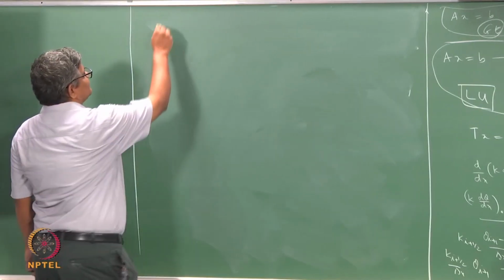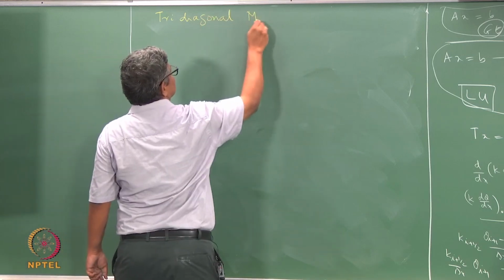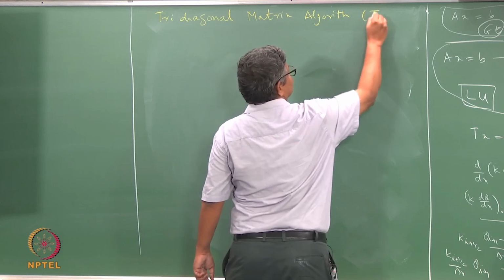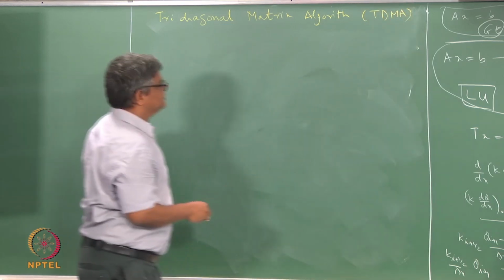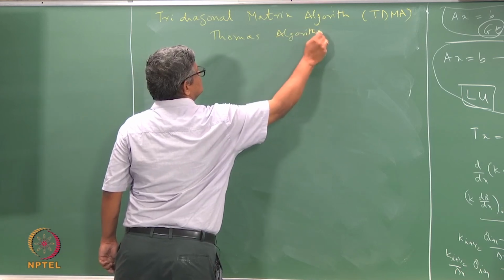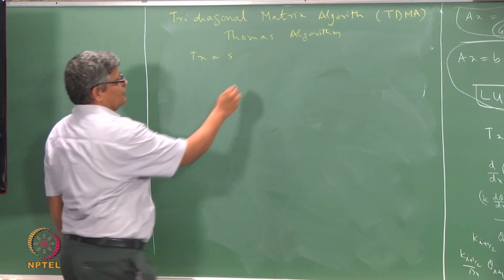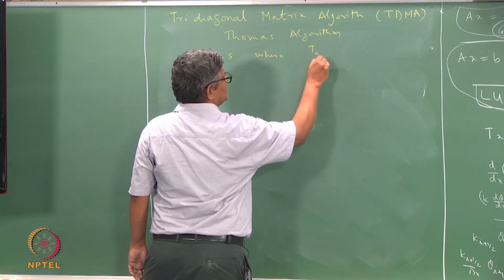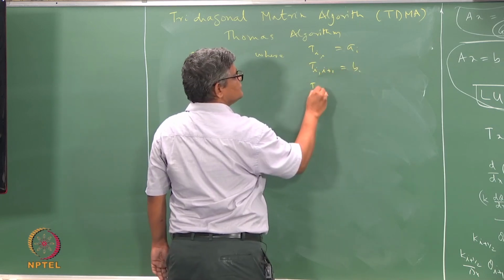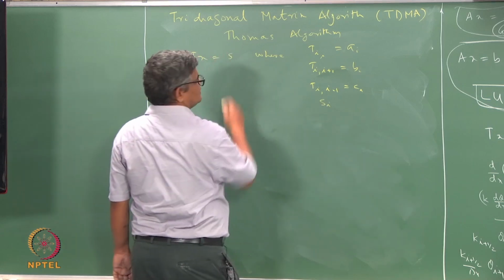Okay, I am continuing. The tridiagonal matrix algorithm, known as TDMA, it is also known as the Thomas algorithm, for the solution of Tx equal to S, where Tii is ai, Ti i plus 1 is bi, Ti i minus 1 is ci, and Si is si.